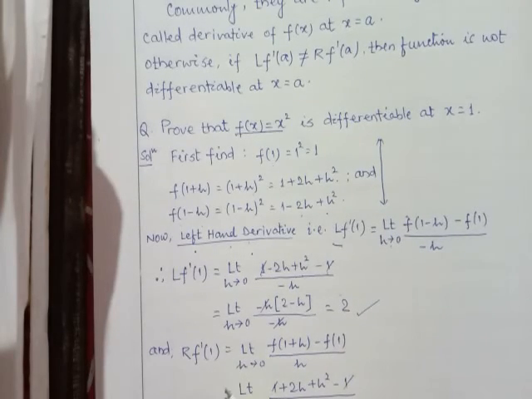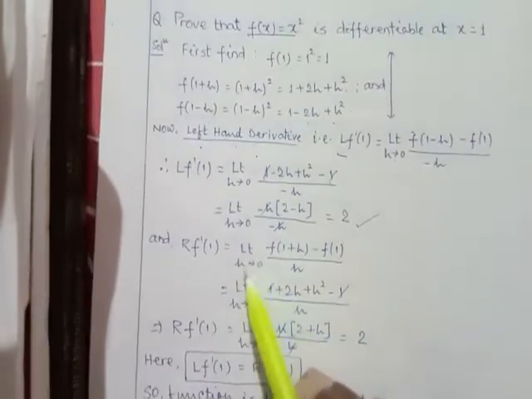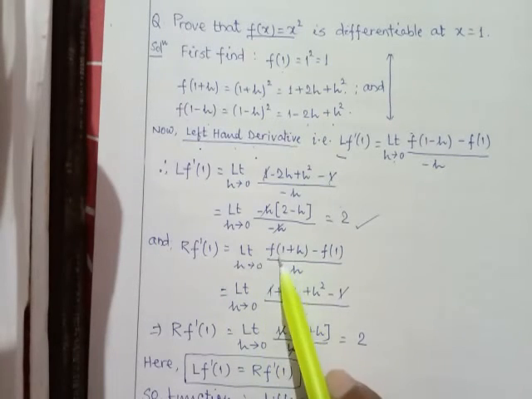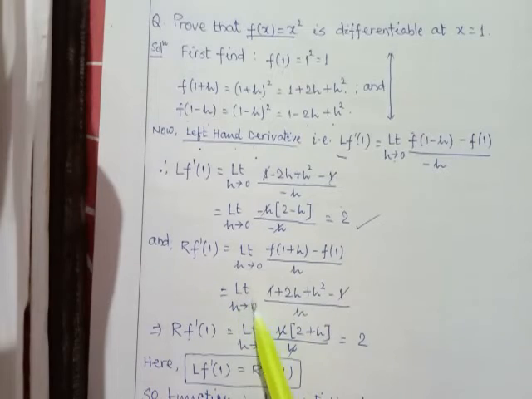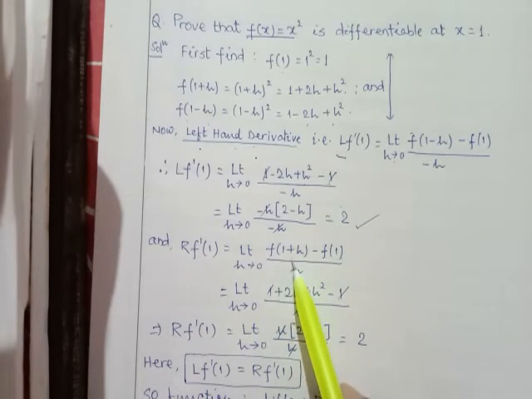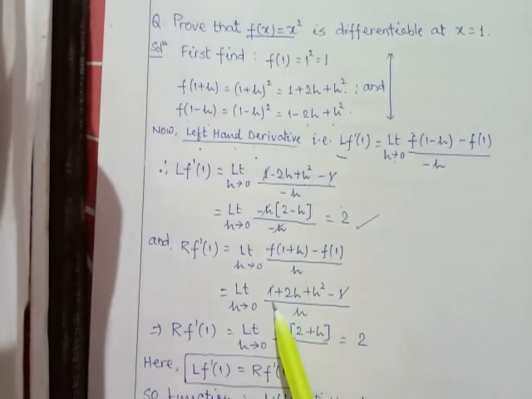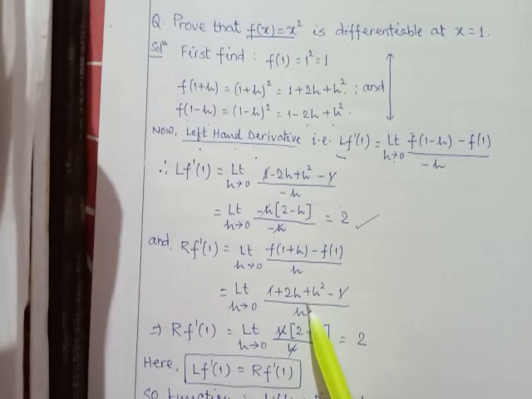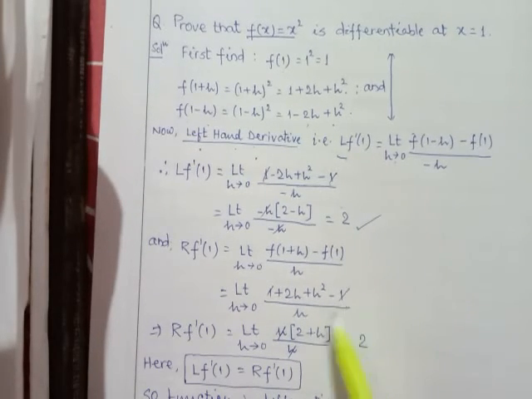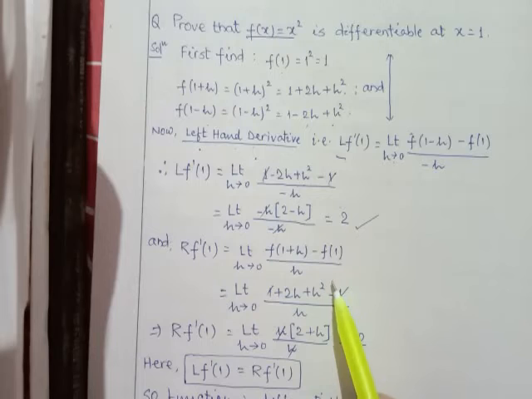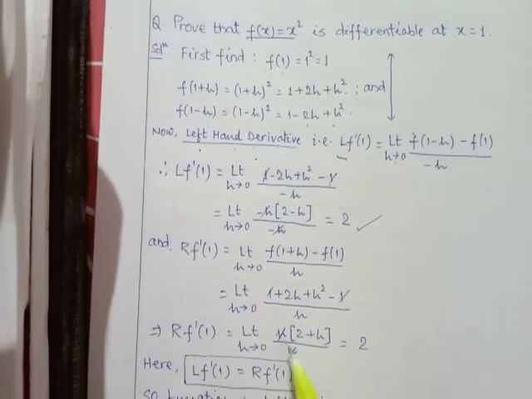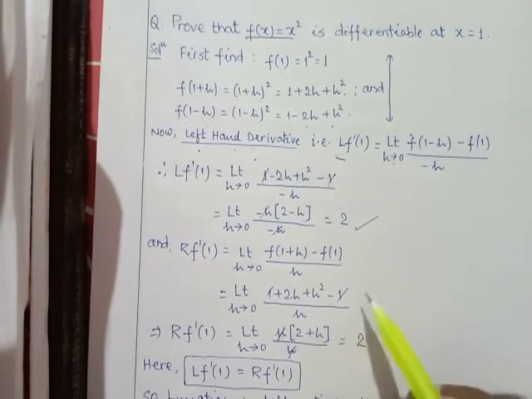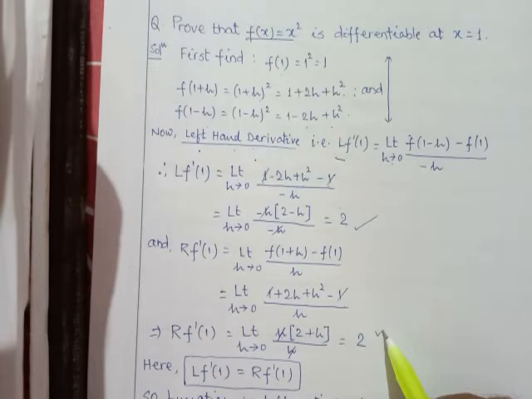Similarly, calculate the right hand derivative: limit h tending to 0 of f(1 plus h) minus f(1) upon h. Write down the value of f(1 plus h), which gives 1 plus 2h plus h square minus 1 upon h. Again like above, 1 and minus 1 cancel, h is taken as common, h and h cancel, and finally its value is 2.